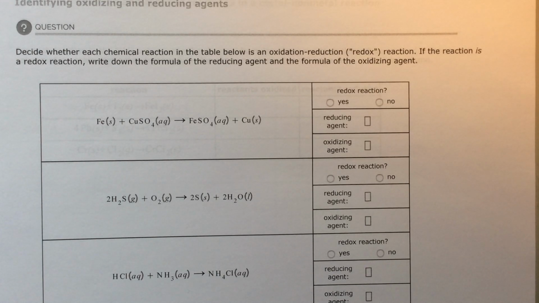Remember, if something is reduced, it drops in charge. I'm reduced when I steal an electron and make my charge lower. I can't steal an electron unless someone allows me to steal it from them, so you can't be reduced unless you have a reducing agent.